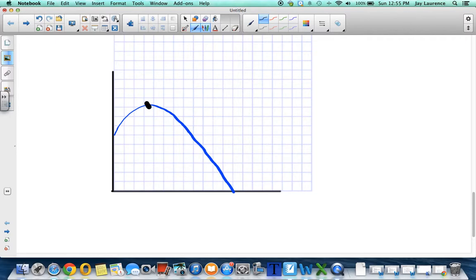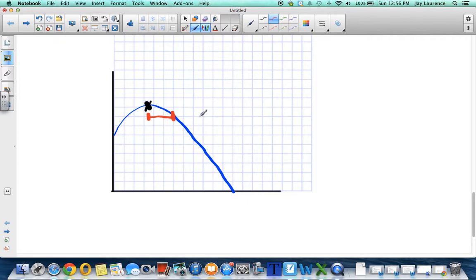Okay, and let's see here. Our vertex appears to be right about here, okay? And that looks like it's at 1.5 seconds. So the distance from here to here looks like it's 2.5 seconds, or 2.5 squares, if you will, right? 2.5 squares. So now let me go from here.